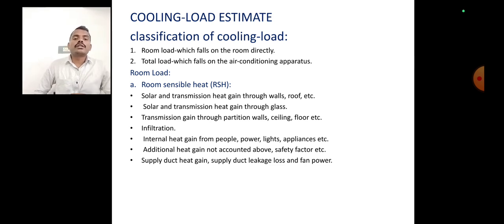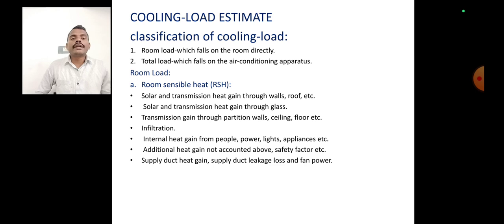Next is infiltration. Infiltration means we frequently open the doors and windows, and the outside air mixes with the room air. It is infiltration, or it happens through some gaps in the doors and windows. Through the gaps, outside air mixes with the room air, because in the room the temperature is low and the moisture content is low, a lower concentration range or low temperature range.